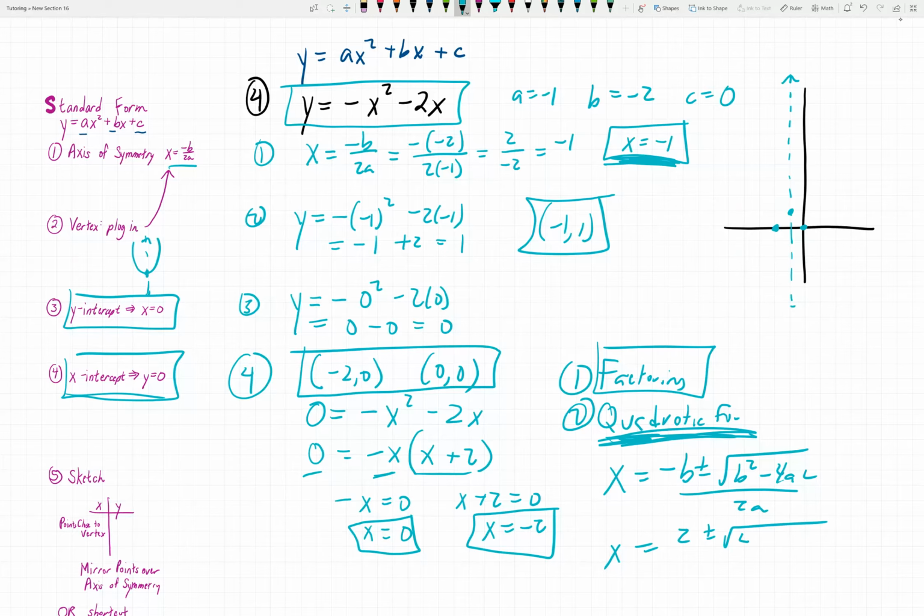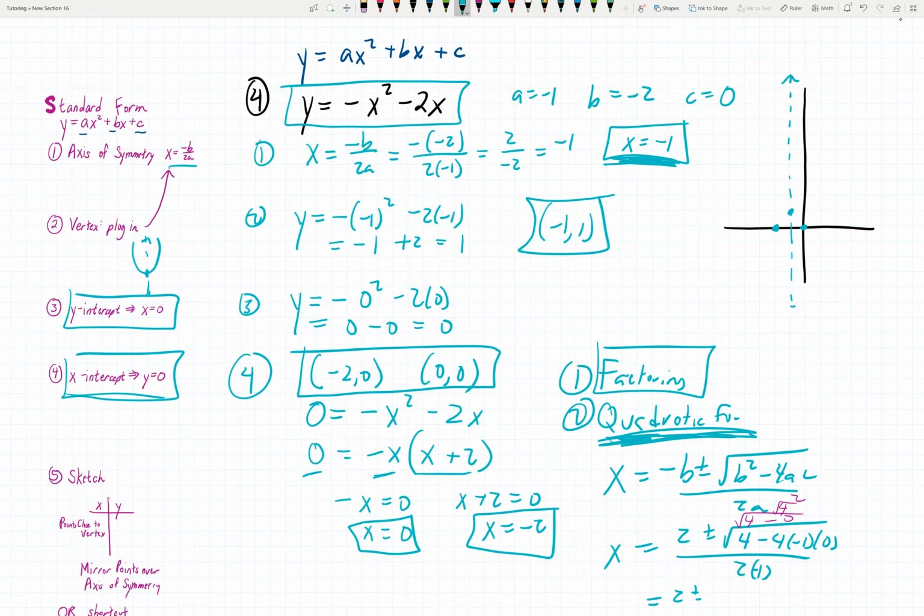What was my b? Oh yeah, b squared would be 4, minus 4 times a times 0, all over 2a. And then, let's see, I have 4 minus 0 is 4. That's underneath the square root, so that's 2.